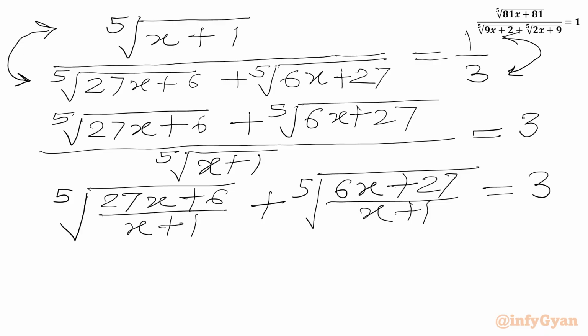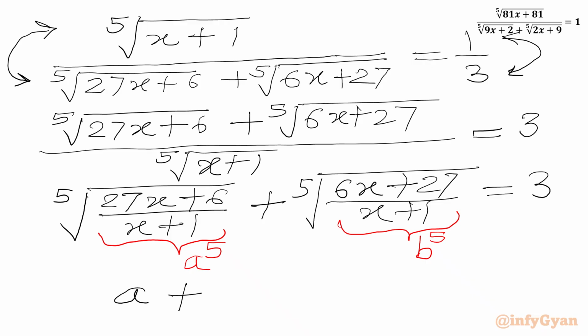Let us say the first radicand 27x plus 6 over x plus 1 equals a power 5 and 6x plus 27 over x plus 1 equals b power 5. So we can write our first equation: fifth root of a power 5, which is a, plus fifth root of b power 5, which is b, equal to 3. This equation is equation number 1.